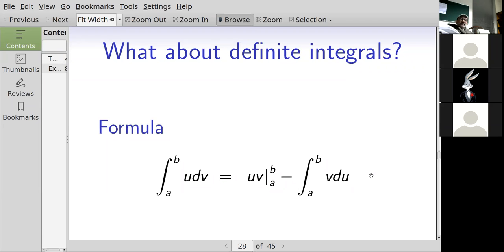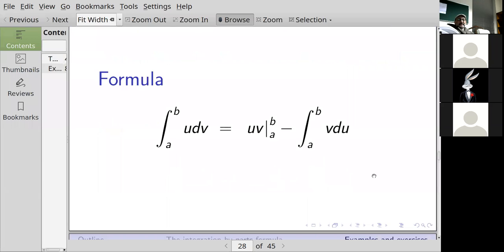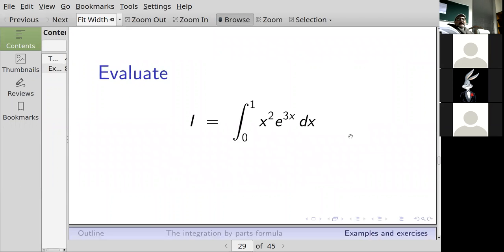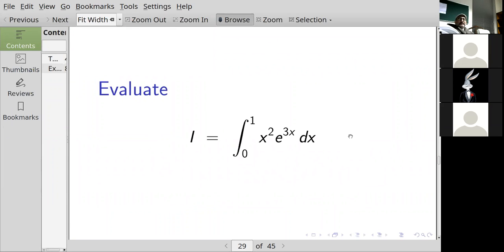Okay, so let's do one example. Suppose I is equal to the integral from x equals 0 to x equals 1 of x squared e to the 3x dx. What's my choice for u? X squared. Then du is 2x dx.